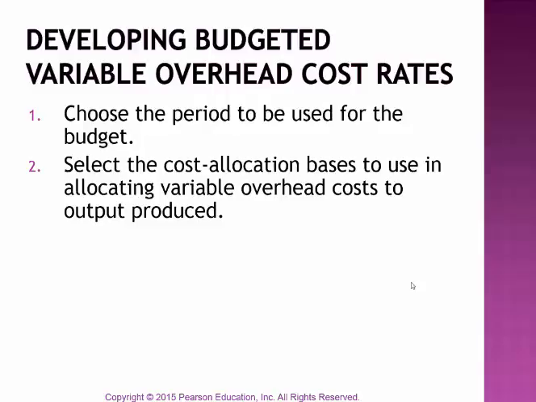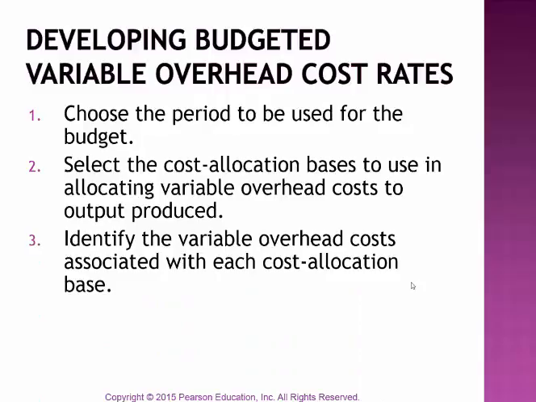Then maybe we're going to allocate our variable overhead using labor hours. Okay, so we're going to select some type of allocation base in order to use that in our calculation, and then of course track that allocation base and allocate in how much of variable overhead per whatever our base is.